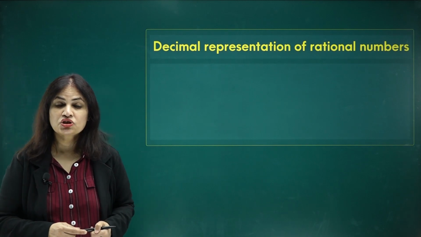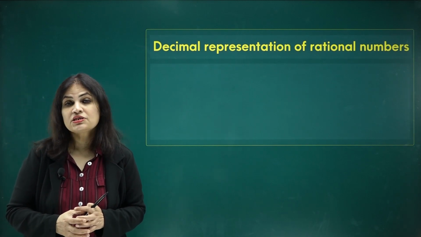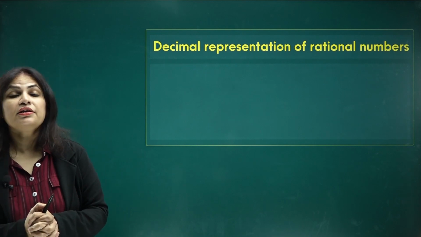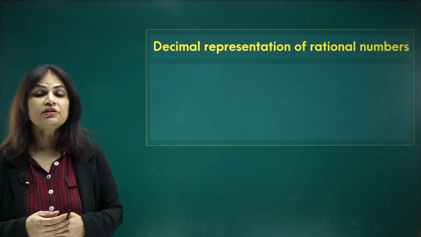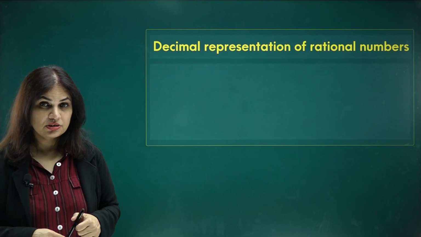Decimal representation of rational numbers. What makes rational and irrational numbers different in terms of decimal representation?